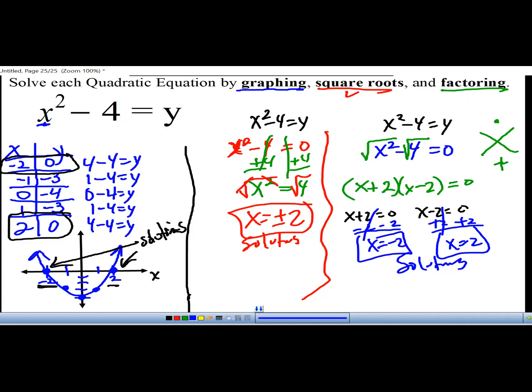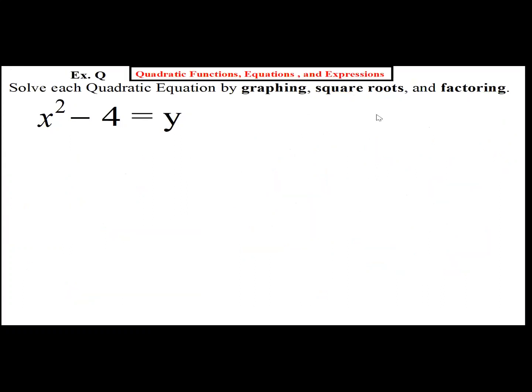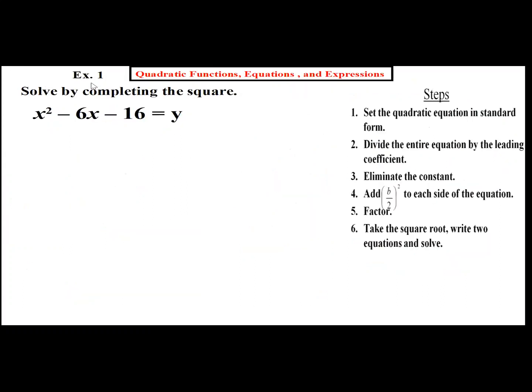On your notes, copy this next one. Example 1, and it reads, solve by completing the square. x squared minus 6x minus 16 equals y. And on the right side, I gave you some steps. Copy those, and it reads, step 1, set the quadratic equation in standard form. Step 2, divide the entire equation by the leading coefficient.